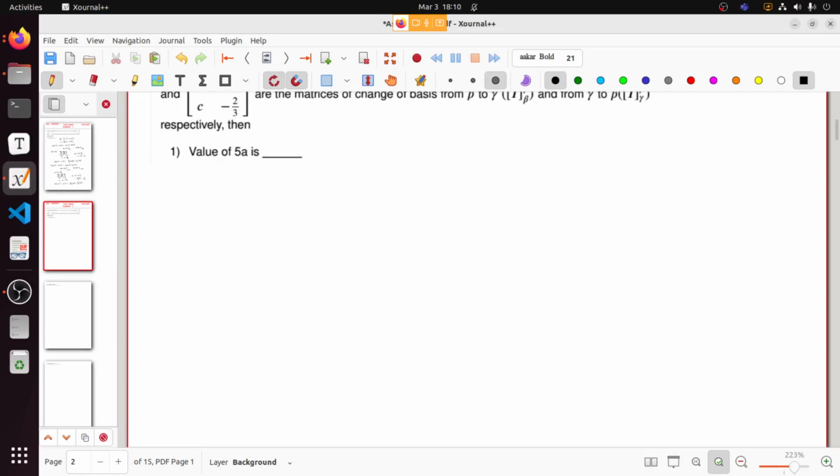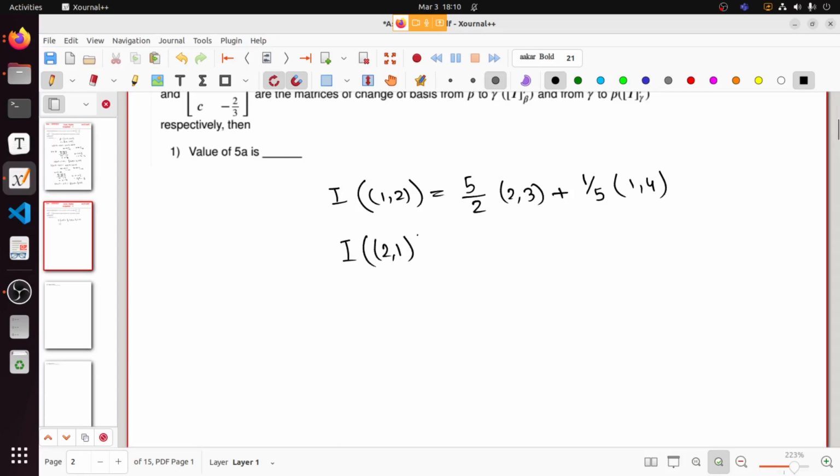Let me write it again. What we have got: I of (1, 2) is 2 by 5 into (2, 3) plus 1 by 5 into (1, 4), and I of (2, 1) is 7 by 5 into (2, 3) minus 4 by 5 into (1, 4).